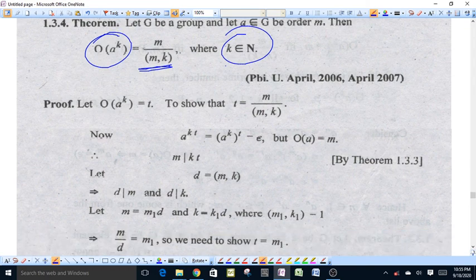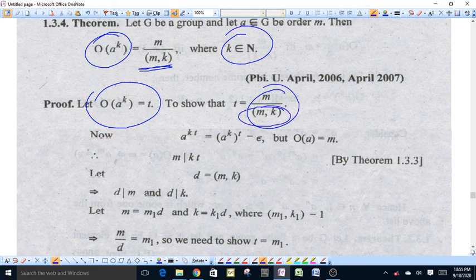Suppose that the order of a raised to power k is equal to t. Then we have to show that t is equal to m upon GCD of m and k.